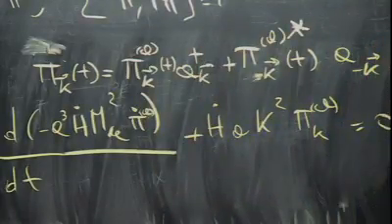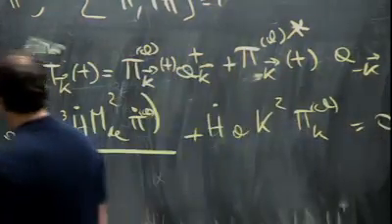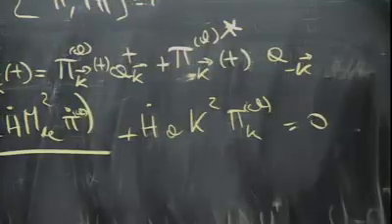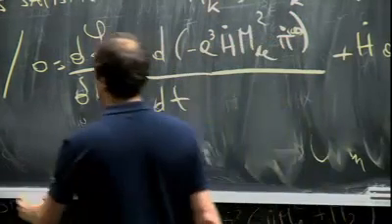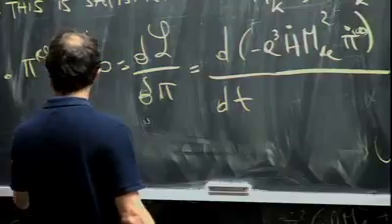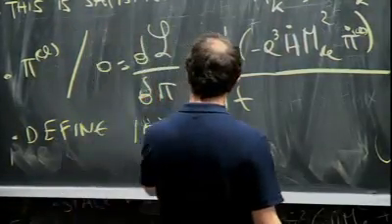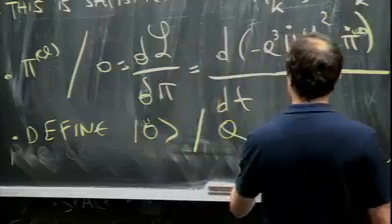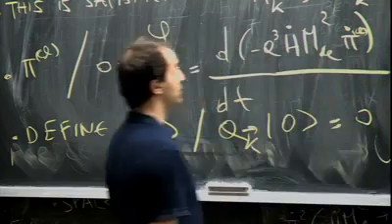Okay, now we need to solve this differential equation. So we define the free theory vacuum |0> as the state that is annihilated by the annihilation operator.